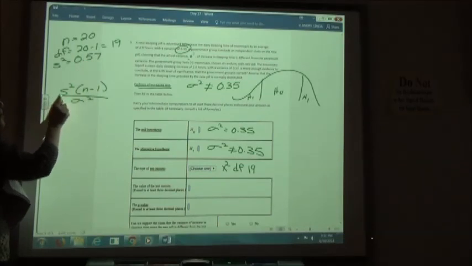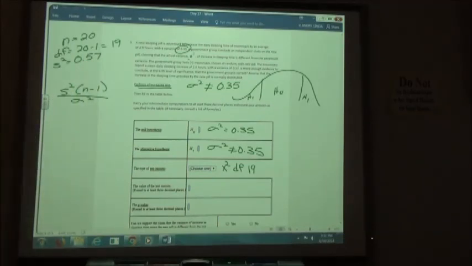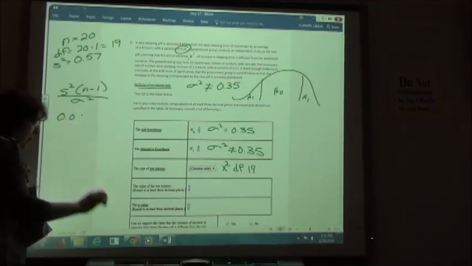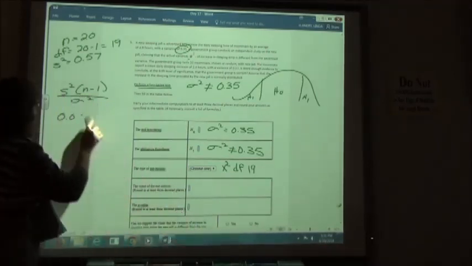That's going to go in for our S squared. Again, it gave us the variance, so we don't square it when we do our formula. If they give you the standard deviation, then we have to square it. So we're just going to use that 0.57.